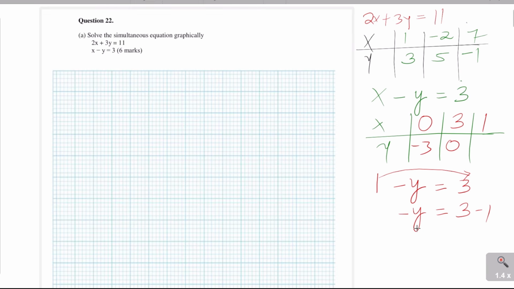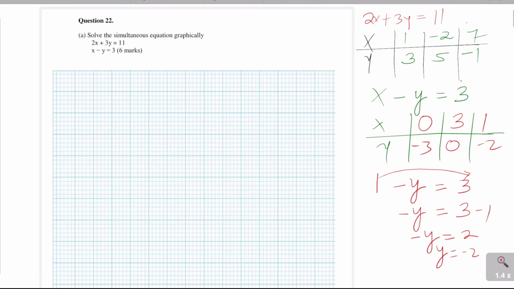This will give negative y equals 2. Like that. So y will be negative 2. So that one is okay.